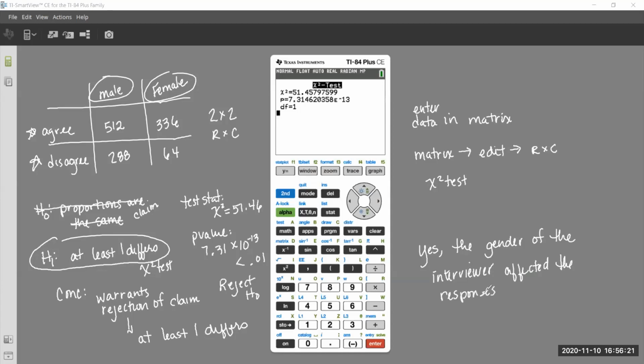So again, when you're doing these, you're just saying, is this happening or is this happening? Now that we've been working on these for a while with hypothesis testing, you can shortcut it and just say, oh yes, proportions are the same, or at least one differs. You don't have to do this formal part.